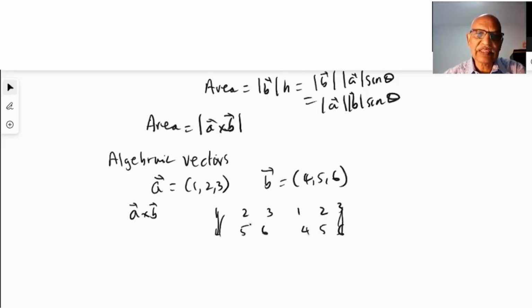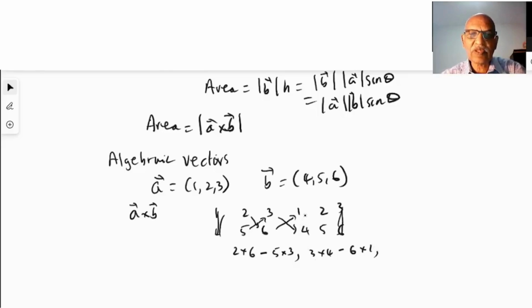So what we do is the first one, 2 times 6, going down, 2 times 6 minus 5 times 3. That's the first coordinate. Then the next one is 3 times 4 take away 6 times 1.